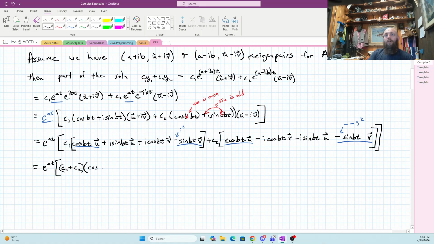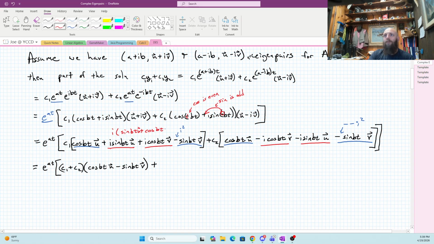times cosine bt u minus sine bt v. Then, if I grab the red bits here and here and here and here, you might notice that this one is i times sine bt plus cosine bt.